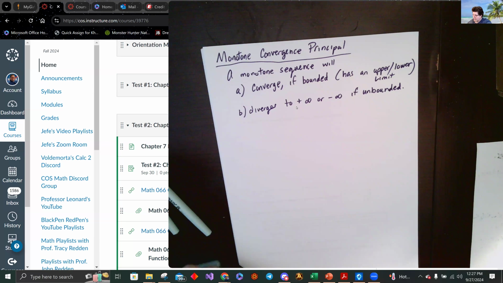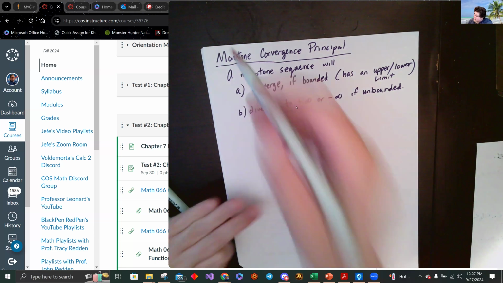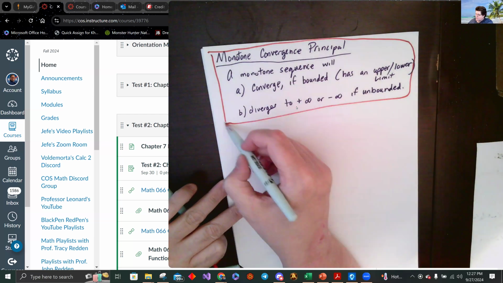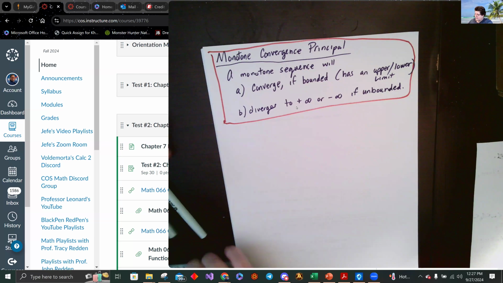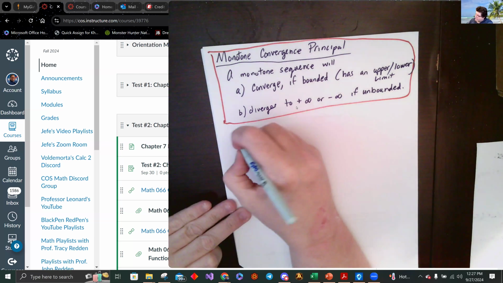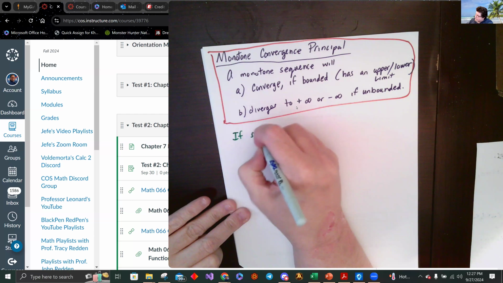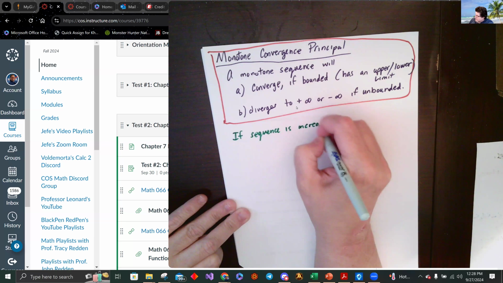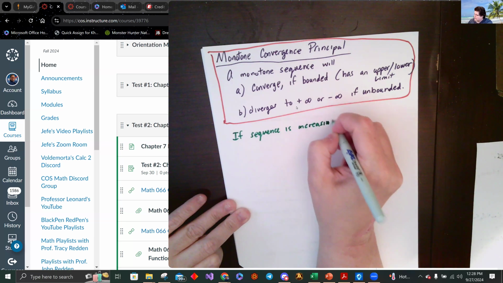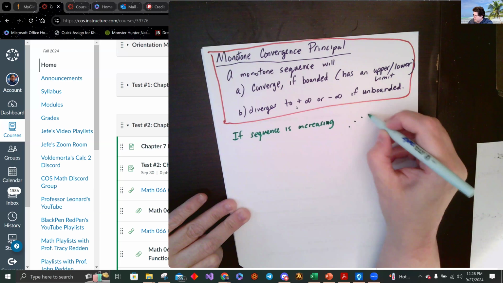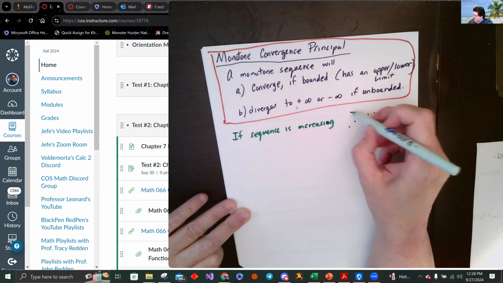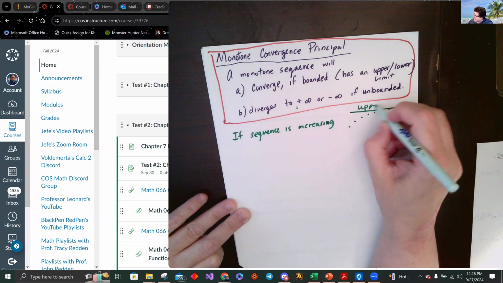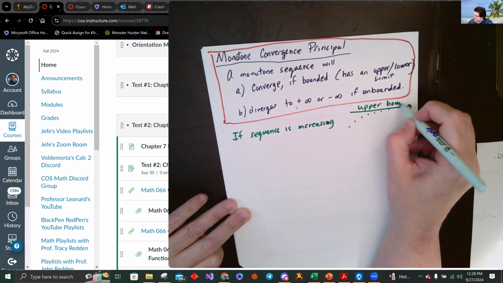And it's worth noting if the sequence is increasing, i.e. it's going up, for it to converge, it has to have some upper boundary that it can't cross.